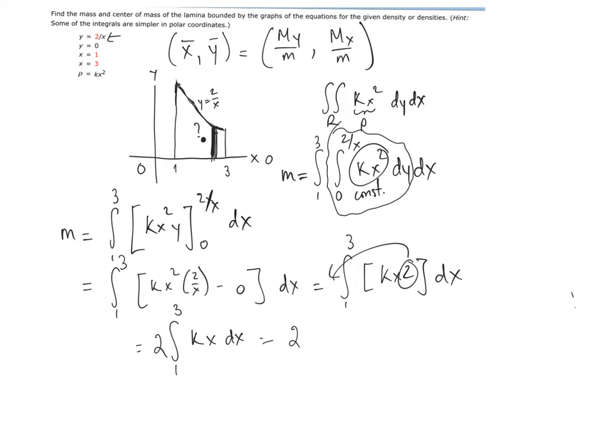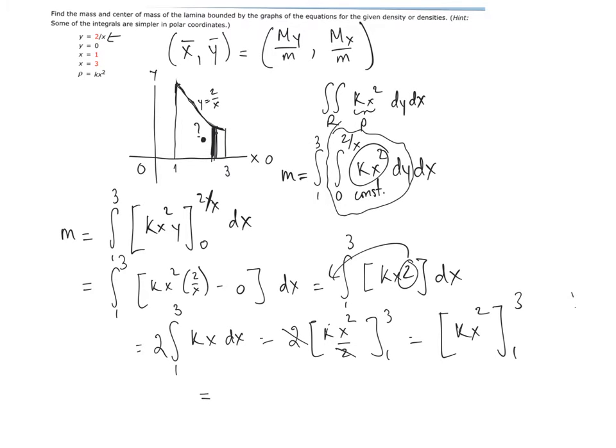Your antiderivative will be kx squared over 2, so the 2s cancel right here, from 1 to 3. So you would get kx squared from 1 to 3.